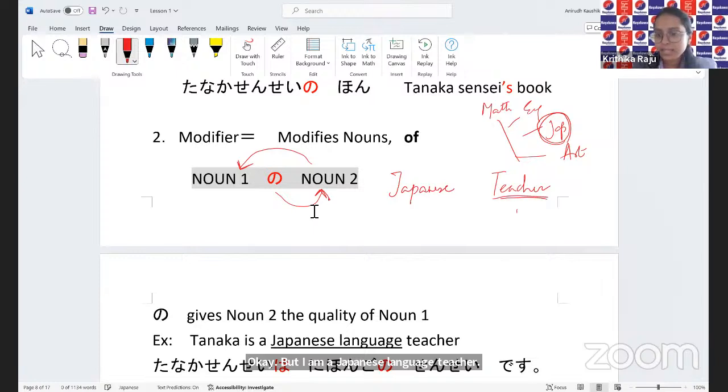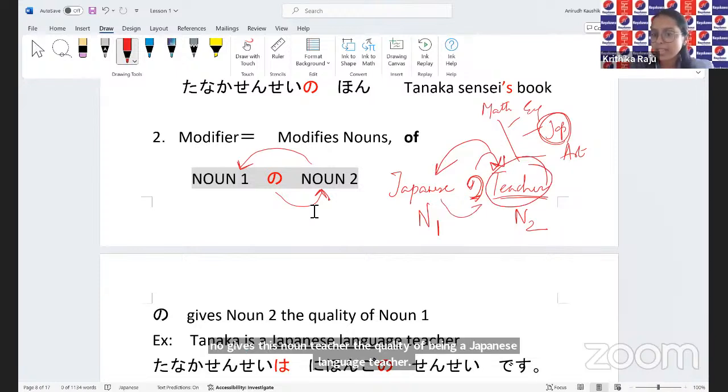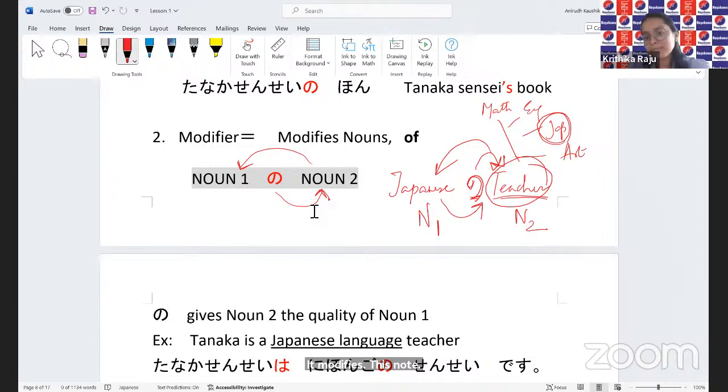So this is noun 2. What kind of a teacher am I? What subject teacher am I? I am a Japanese language teacher. So when the no comes between Japanese and teacher, this no gives this noun, teacher, the quality of being a Japanese language teacher. It modifies this noun by giving it this quality. Do you understand?